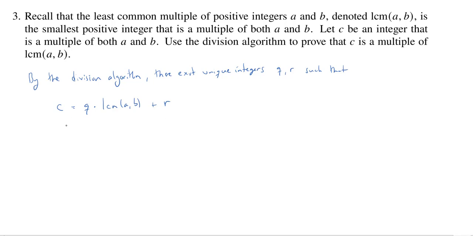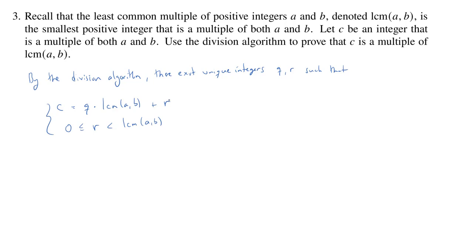And we also know that r is some non-negative integer which is smaller than the least common multiple of a and b. Okay, so the division algorithm gives us both of these statements simultaneously. Of course, if c is going to be a multiple of the least common multiple, this r better be 0. So we need to find a way to conclude that r is equal to 0.